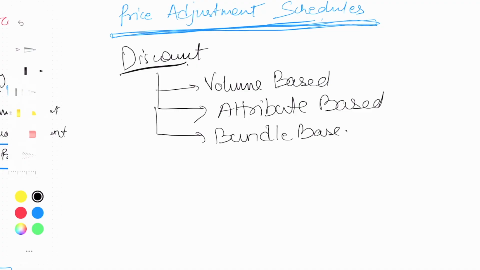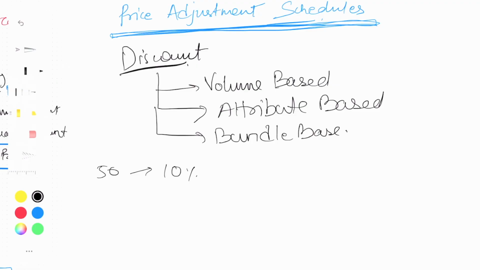First one is volume based. Volume based means, let's suppose the user is purchasing bulk items. For an example, if the user purchases 50 items, then give him 10% discount.